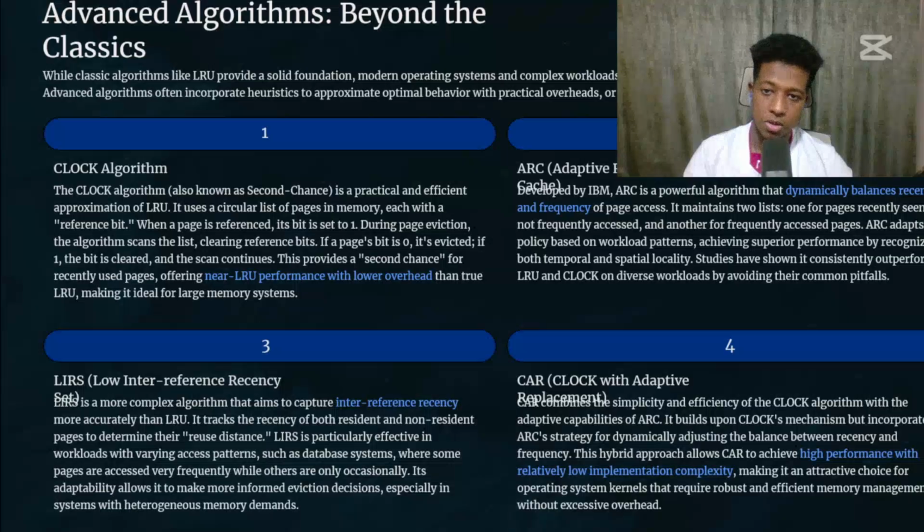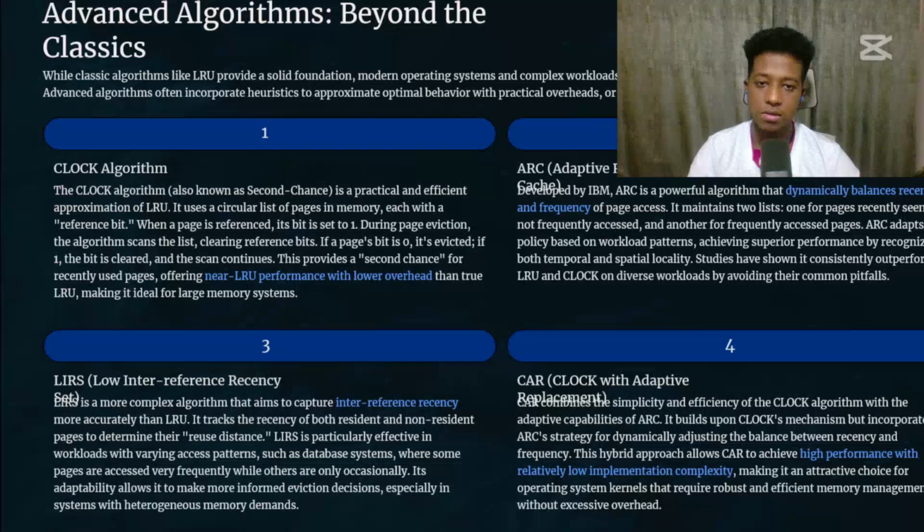If a page's bit is set to 0, it's evicted. If 1, the bit is cleared and the scan continues. This provides a second chance for recently used pages, offering near LRU performance with lower overhead than true LRU, making it ideal for large memory systems.